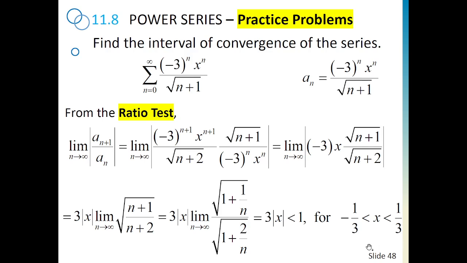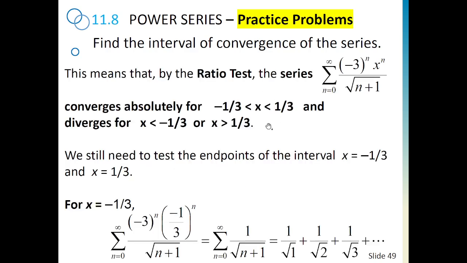How do we do that? Well, we plug the endpoint into the expression and we see if the resulting series is convergent or not. So for now, we know that the series is absolutely convergent for x between -1/3 and +1/3. Let's see what's happening at the endpoints.